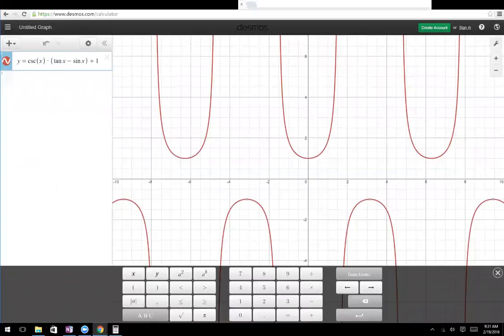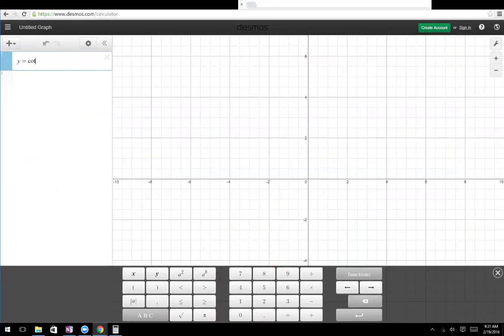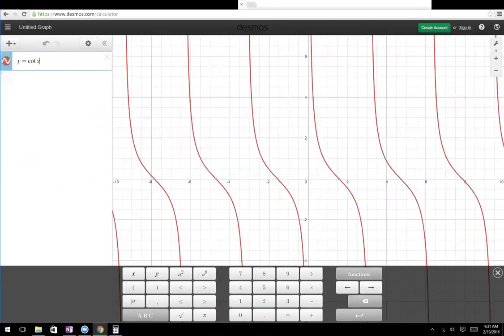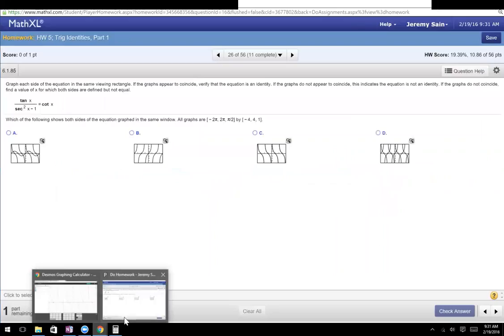Dr. Shane, can you put in cotangent and secant and all those inside your calculator? Yes, sure. There's cotangent. As far as that goes, I can graph them both on the same axes. It's tangent over secant squared minus 1.